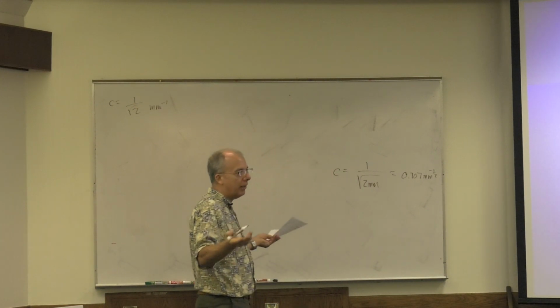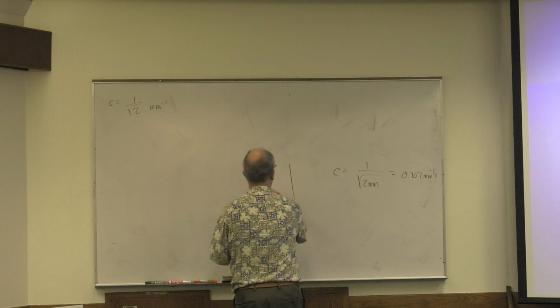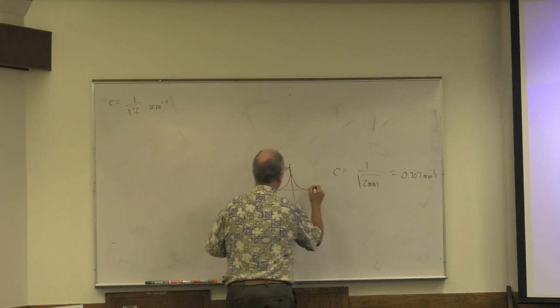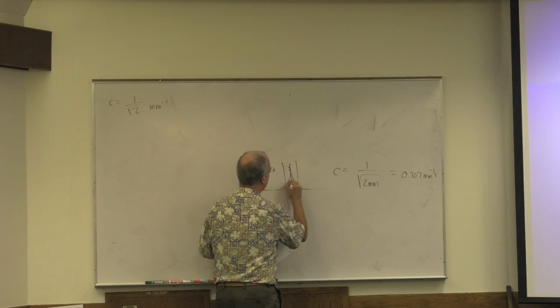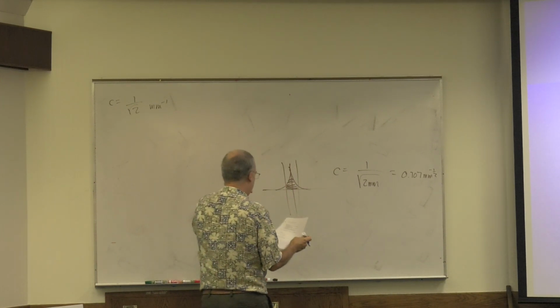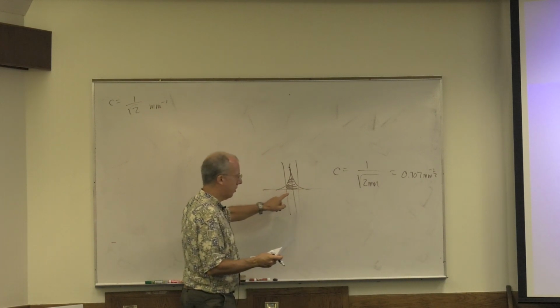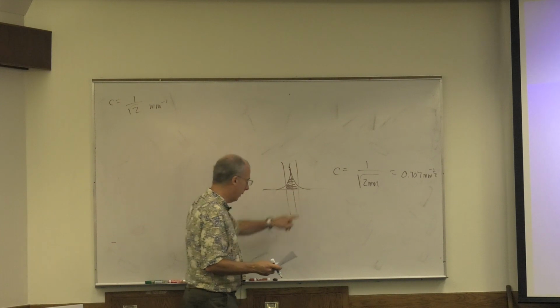We just have to calculate the area under the curve, and remember the curve looked like this. We're just calculating it from here to here. But again, it's an even function, so instead of going from -1 to 1, we're going to go from 0 to 1 and double it.